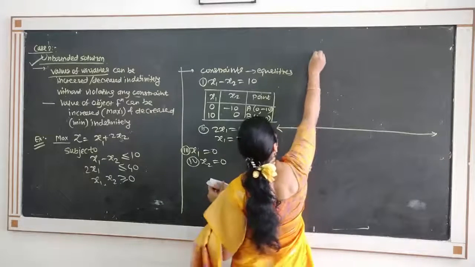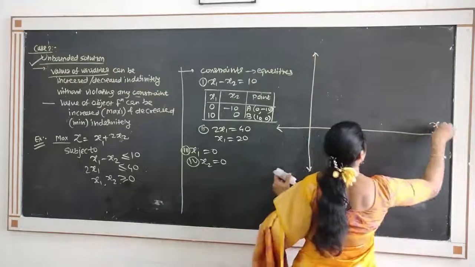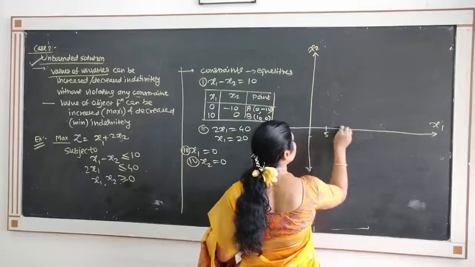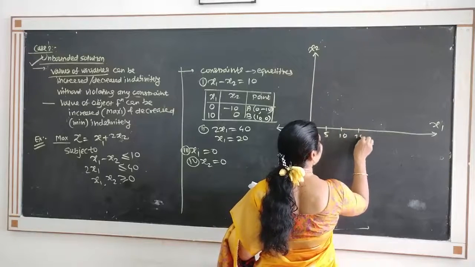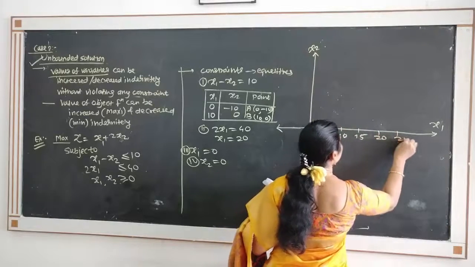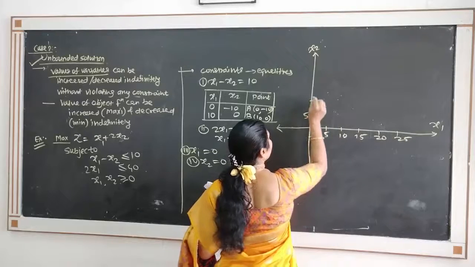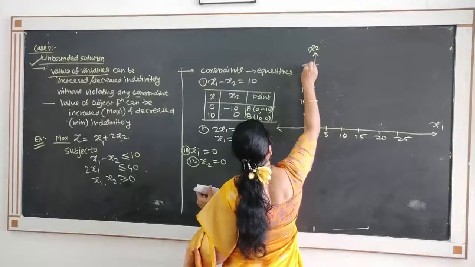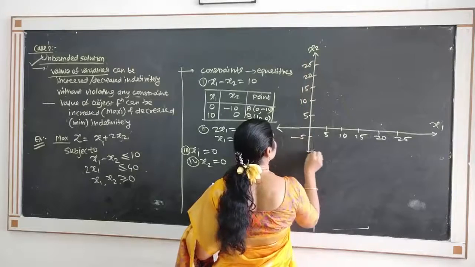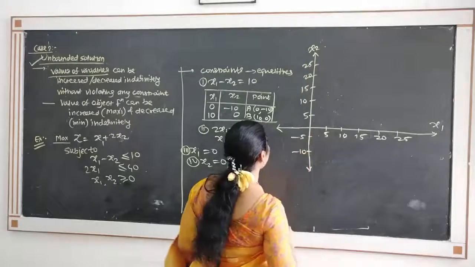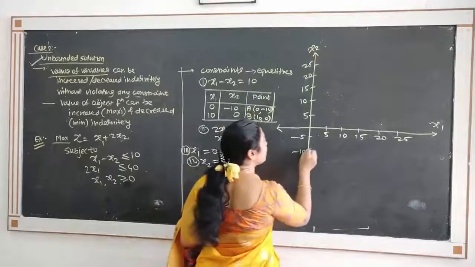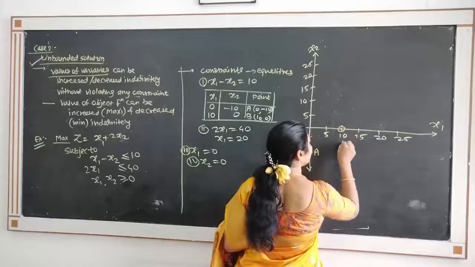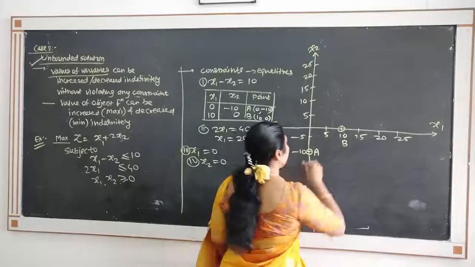As there is a negative value of x2 also, on the x1 axis and x2 axis we will consider the scale as 5, 10, 15, 20, etc. See the first point. A point is (0, -10), and B point is (10, 0). So draw the line AB.